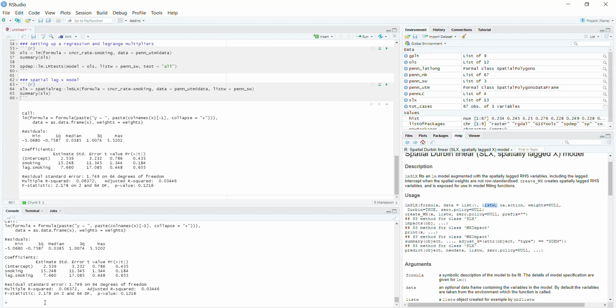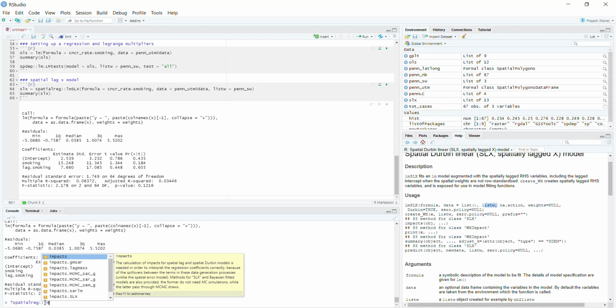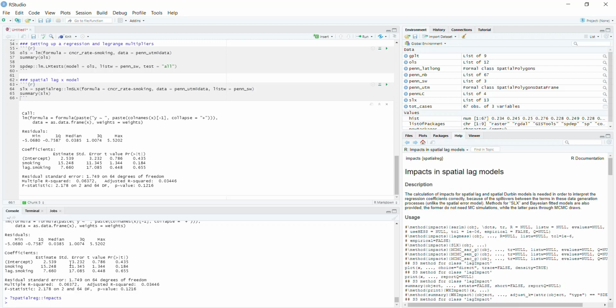Now, I'm going to introduce this right now because with the lag Y and the error models, interpretation gets a little more difficult. And so what's nice about the spatial regression package is that they actually have something called impacts. So if we type in spatialreg::impacts, impacts in spatial models, what this is going to do is basically allow us to convert the beta and the theta into this idea of direct and indirect effect.